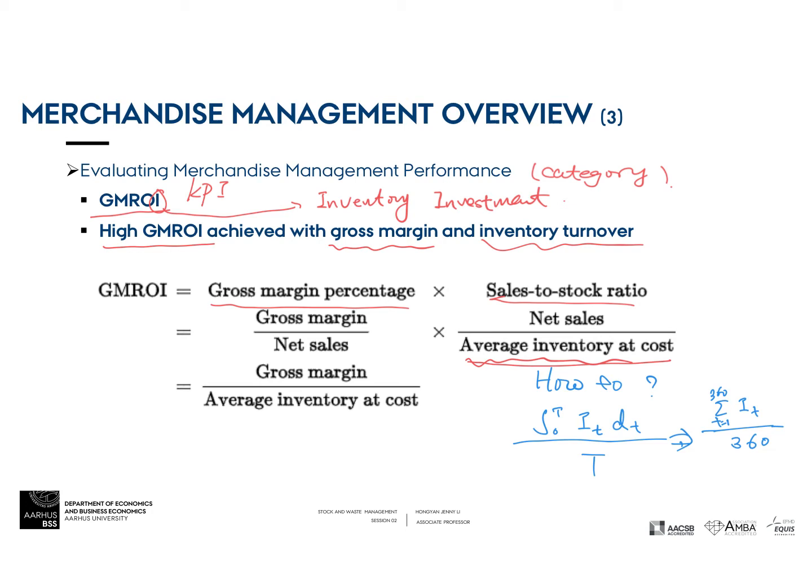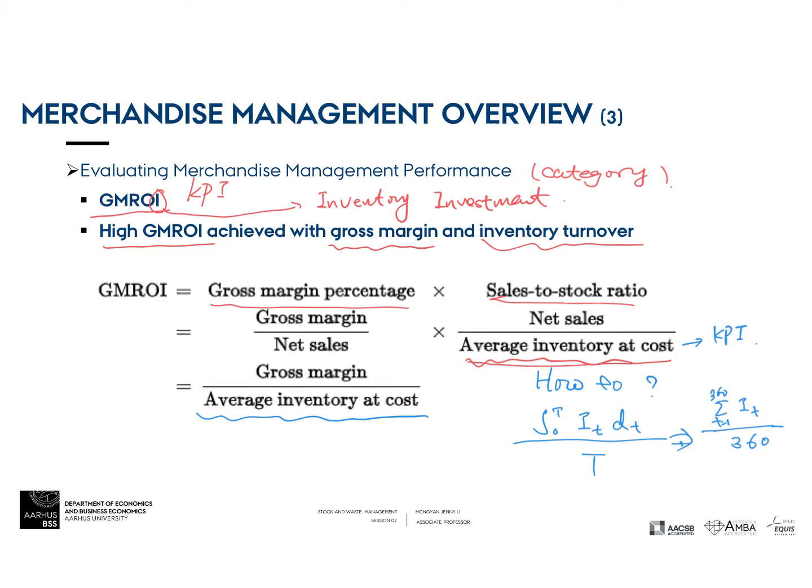Sometimes it directly becomes a KPI. It can be a direct KPI in many companies. Of course, the higher the average inventory, the more expensive. And then rearranging this calculation, we know the gross margin in the end. So the gross margin return on inventory investment will be related directly to your average inventory at cost.